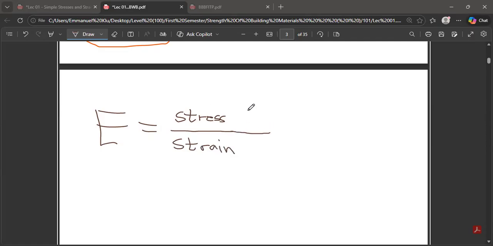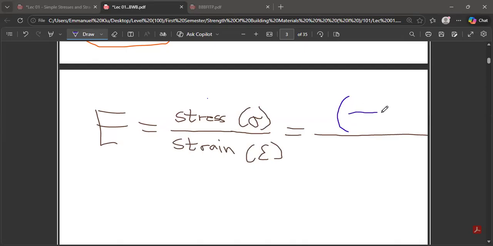But you realize that the stress can be expressed in terms of this, and then the strain can also be expressed in terms of this. Take note that this can also be expressed in terms of this. So the formula for the stress is equal to what? Force over area.